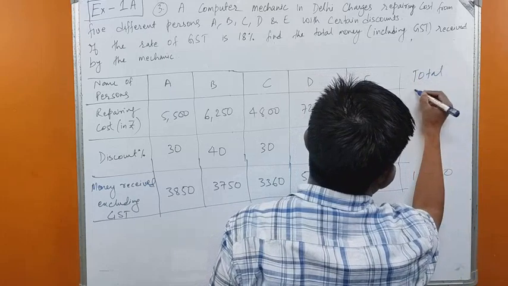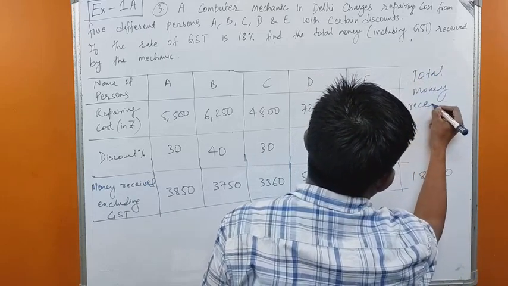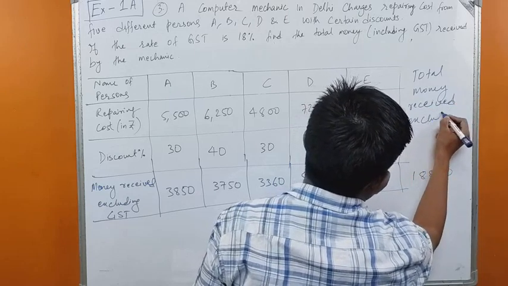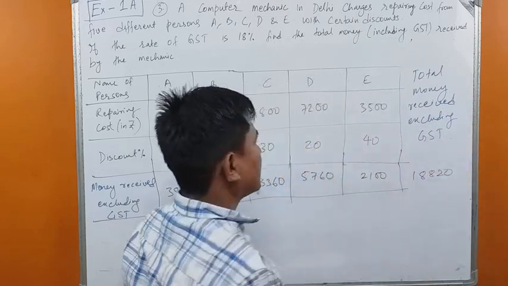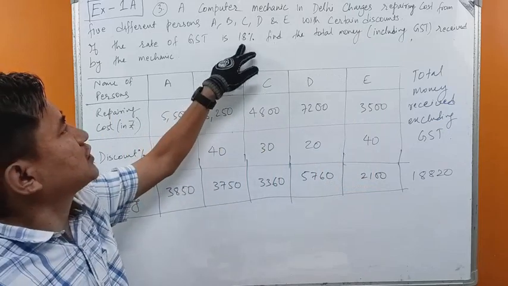Total money received excluding GST. GST is excluded here, okay, because GST is not yet calculated, isn't it? So what is the GST? GST is 18%.